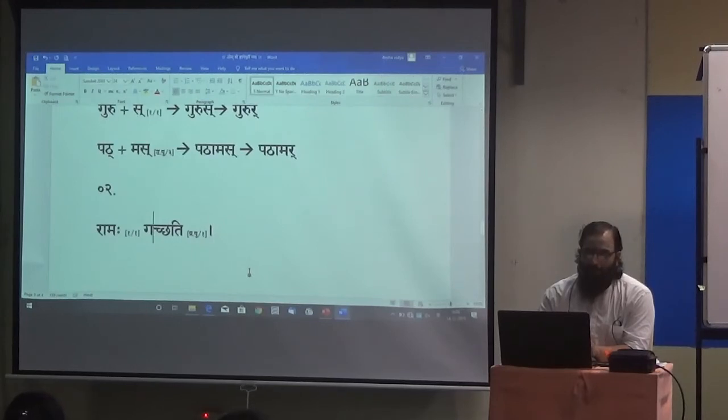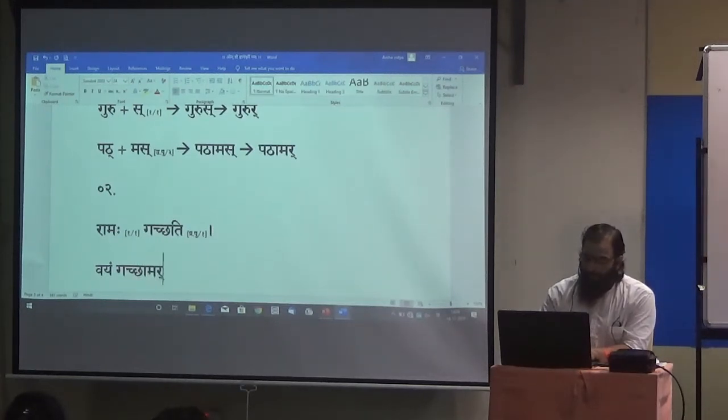Now Rama becomes Ramaha. Why? Because there is a pause, avasana. That is one thing. Okay? It is the space between the words, or it could be between the sentences also. Vayam gachamar.